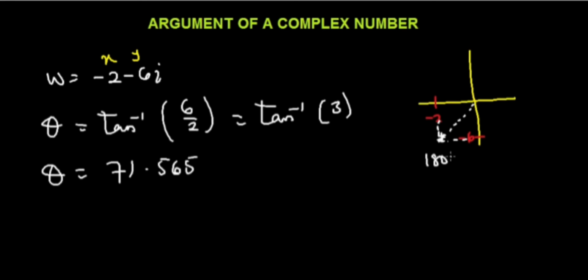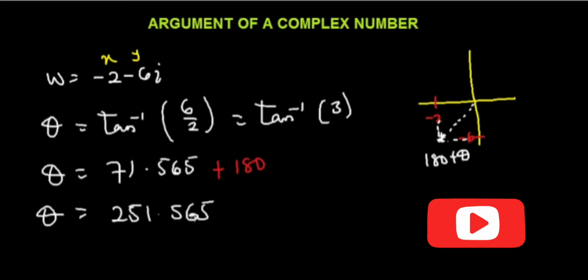That means whatever you get, we are going to add 180 to it, to get your final answer. Therefore your theta will be 251.565. That's how to find the argument of a complex number.